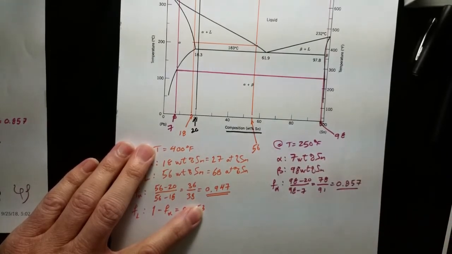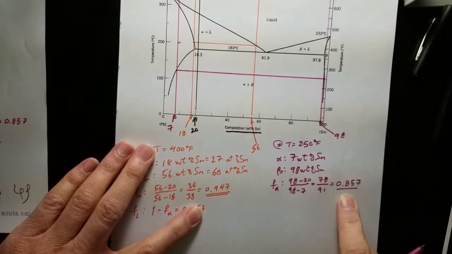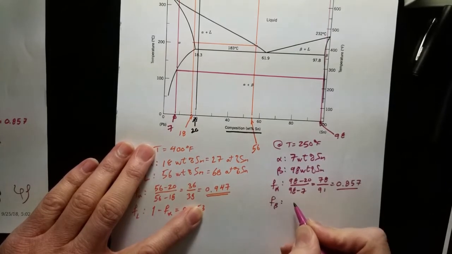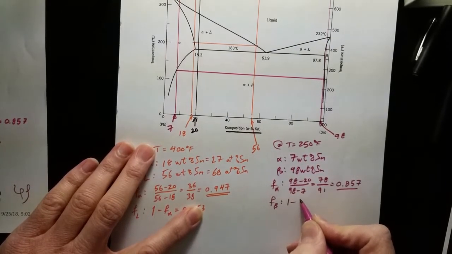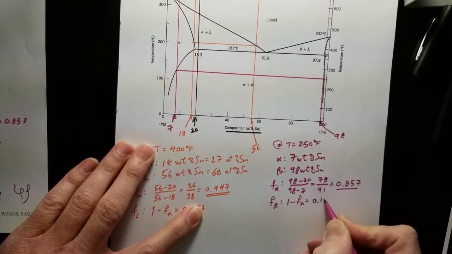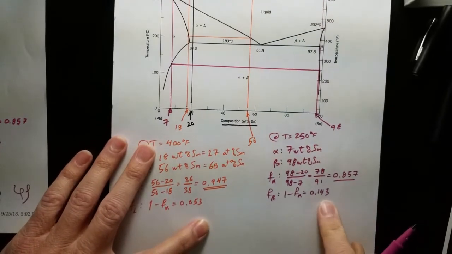So about 86% of our system is alpha, and the beta is 1 minus F alpha, which is equal to 0.143. So about 14% beta.